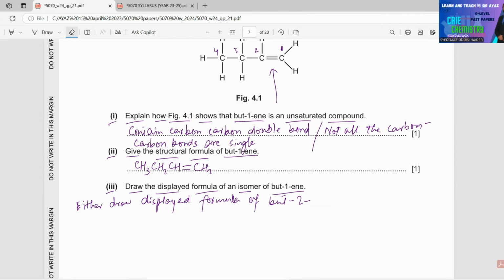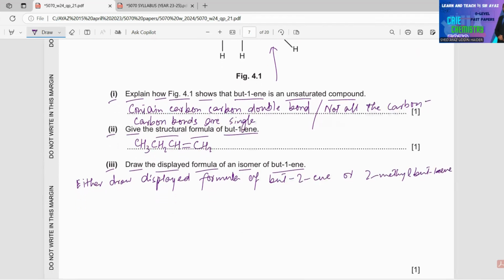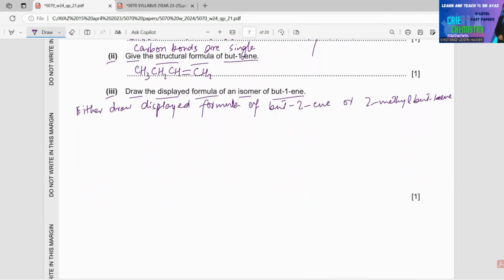Now the next isomer must be 2-methyl but-1-ene. So you can draw the displayed formula of any of these.